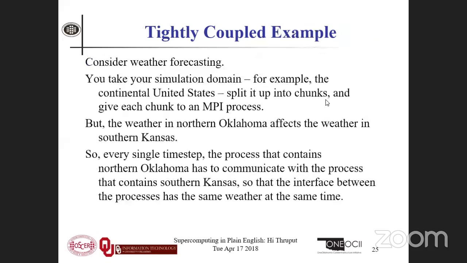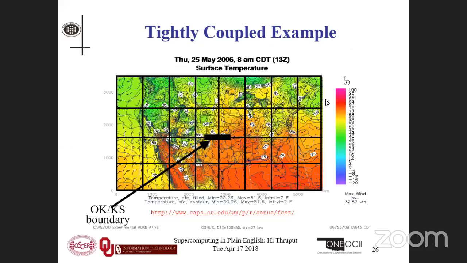Okay. And I was just talking about the weather forecasting. So here's a picture of that, right? This is actually more or less the border between Oklahoma down here and Kansas up here. It's hard to see because the lines are very thin, but that thick black line is the boundary between them: here's Oklahoma and here's Kansas.